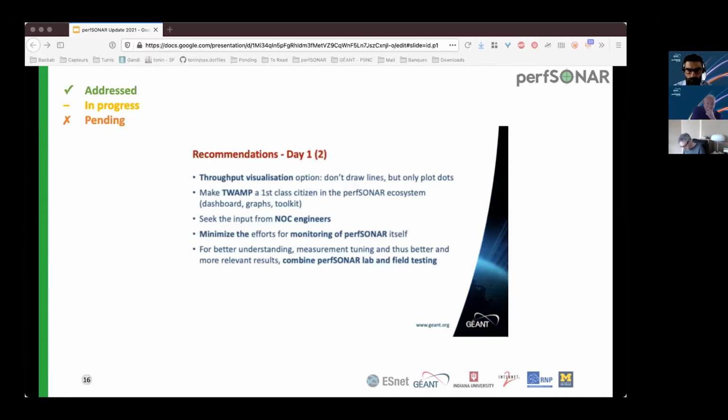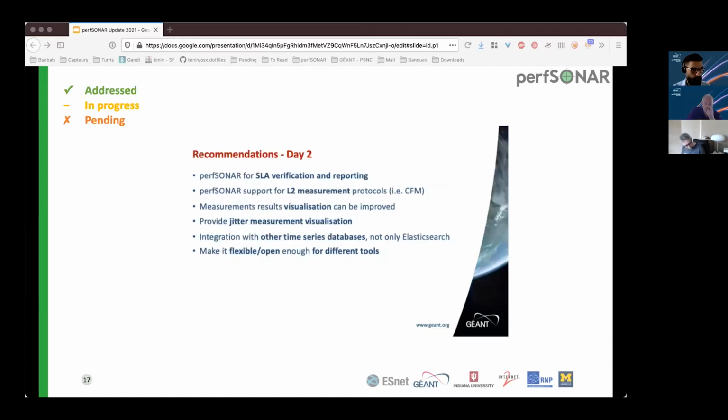So there were more recommendations. Actually, there are 4 different slides about that. I'm not sure I will go through each one of them in detail, but they are listed here for the sake of completion. There you'll see that all of them go into the different themes that I listed first: the visualization, engaging with our community, the automation to help you deploy perfSONAR, and then some other tools.